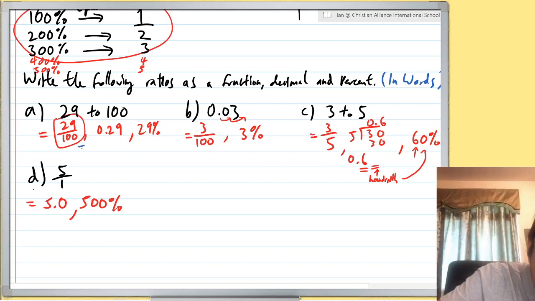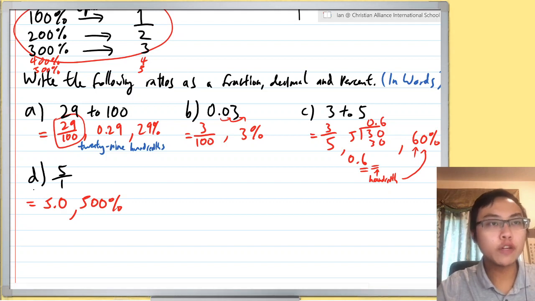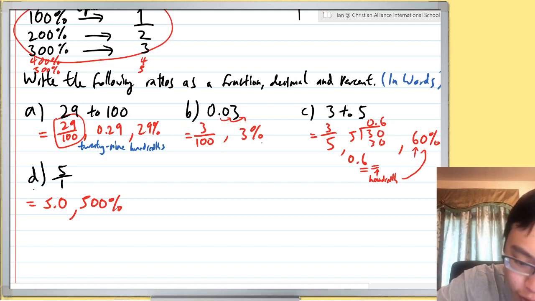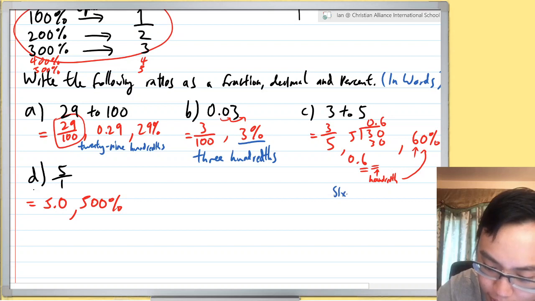This is going to be 29 hundredths, because that is 0.29. That is the same. So any percent will be in terms of hundredths. So 29% is 29 hundredths. 3% over here will be 3 hundredths. And then 60% will be 60 hundredths.